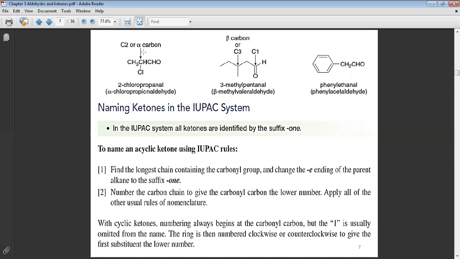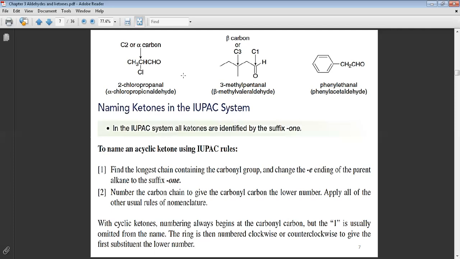We can use numbers, 2-chloropropanal. Also, for common names, they used alpha, beta, gamma. The carbon nearest to the carbonyl group is alpha, this is the beta, and this is gamma. That means you can use numbers or alpha, beta, gamma. But for the IUPAC system, using numbers is easier for you.